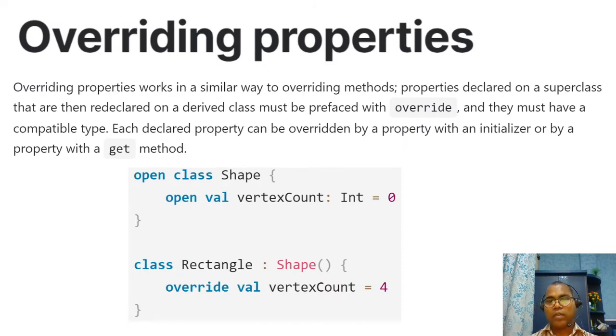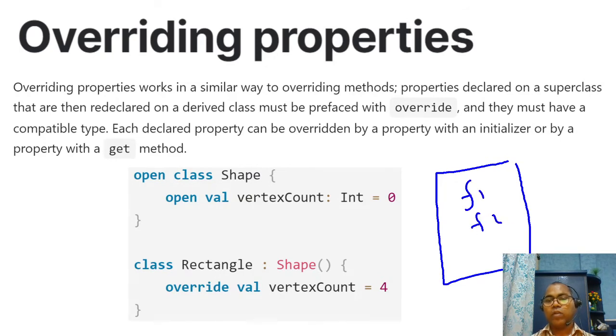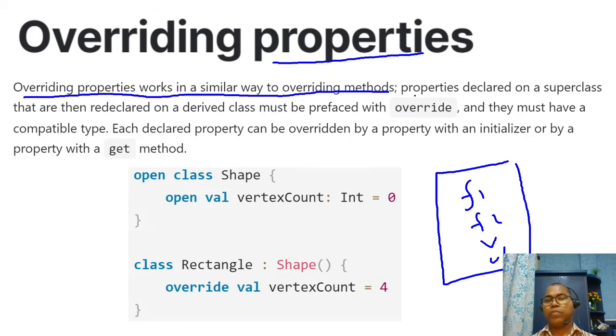Just like in any Kotlin class, you can define methods like function one, function two. You can also define property one, property two. Kotlin also offers that you can override the property as well. Overriding a property works in a similar way to overriding a method. A property declared on the superclass and then redeclared on the derived class must be prefixed with the override keyword.